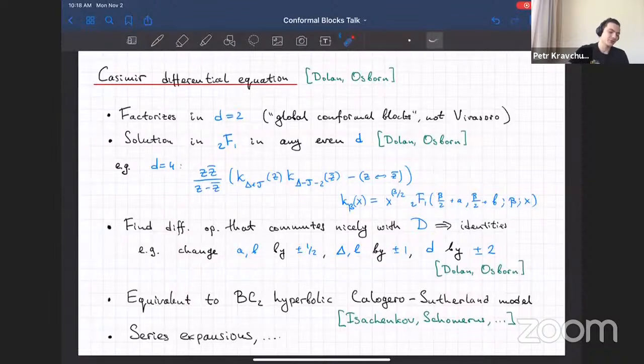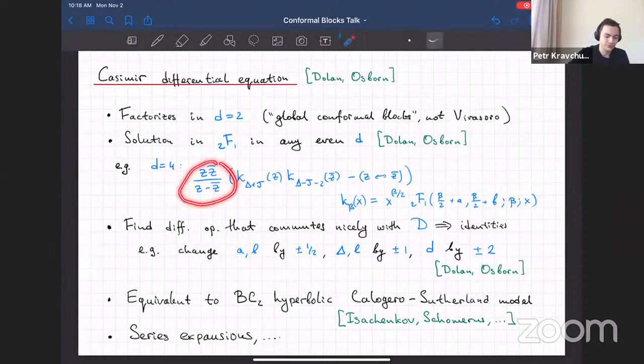All right, so there are a few properties of this differential equation. In D equals 2, as I said, it factorizes. In general, it turns out that this equation can be solved exactly in terms of 2F1 hypergeometric functions in any even number of dimensions. This was found by Dolan and Osborn as well. For example, in D equals 4, the solution takes this form.